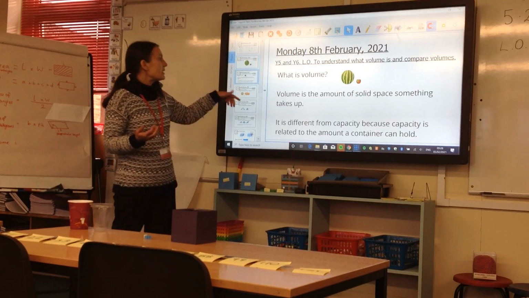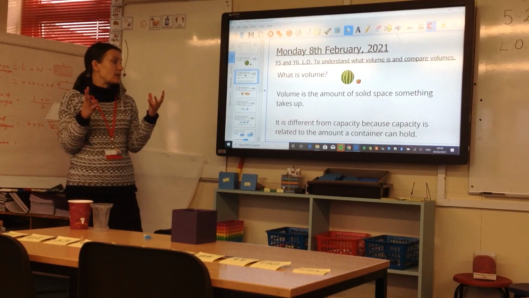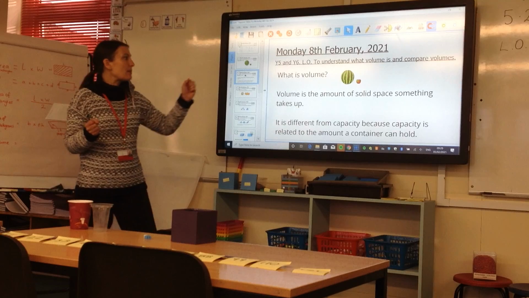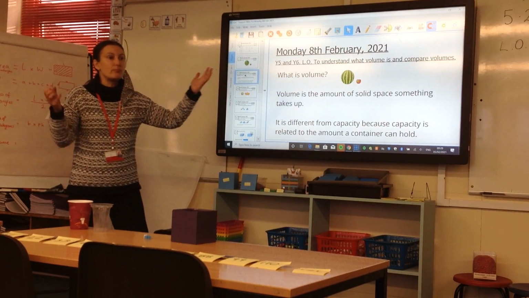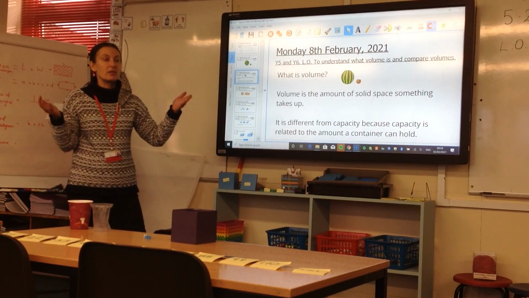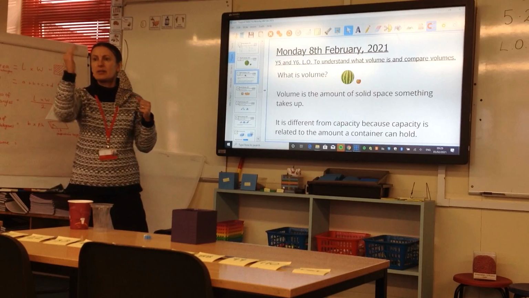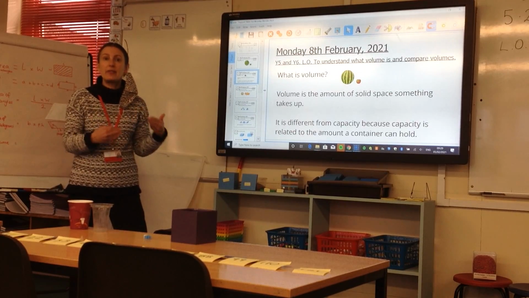Okay, well let's just think about these things. It is actually the amount of space or solid space that something takes up. So thinking about our image of our melon and our apple, which has the most volume out of those two items? How much solid space does it take up? Yes, the melon. Right, so you can see the melon has a greater volume than the apple.